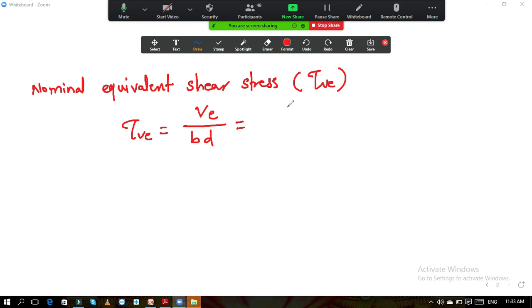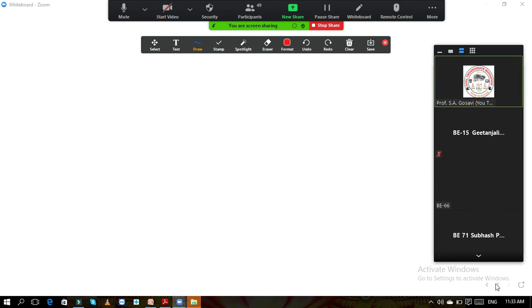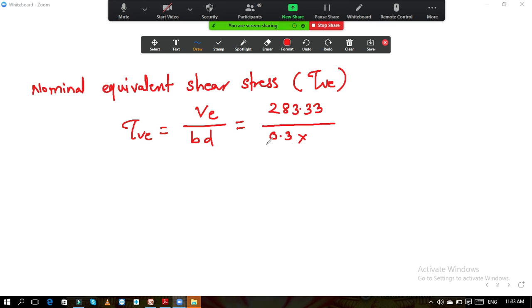If you just put the values, what was the value previously? It is 283.33, divided by B, which is 0.3, into D, which is 0.6. So calculate this value.